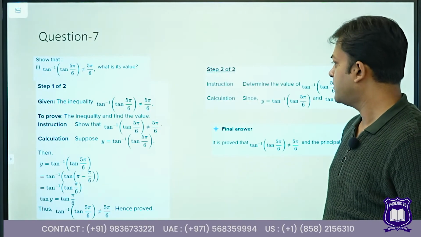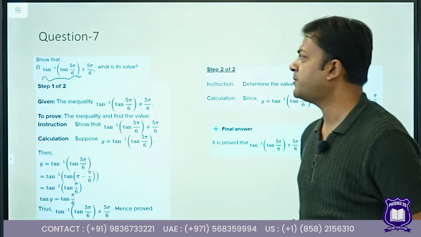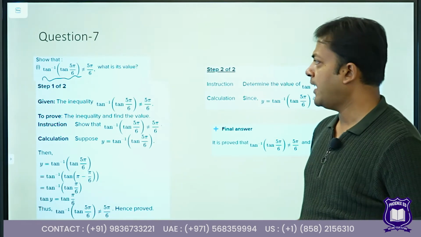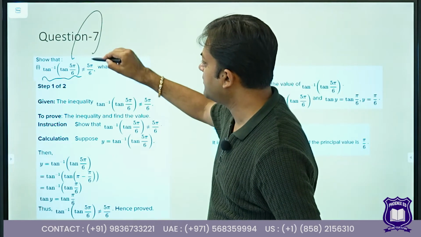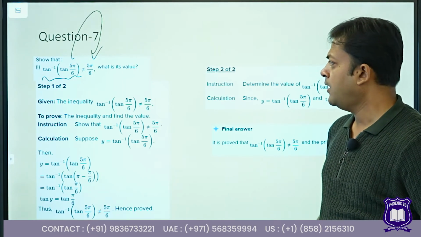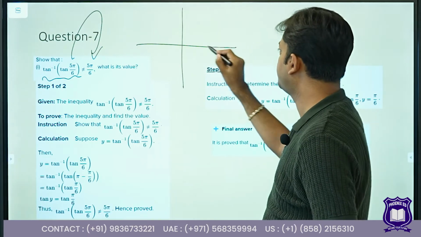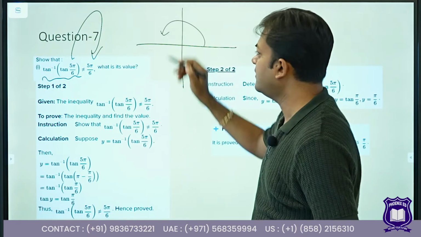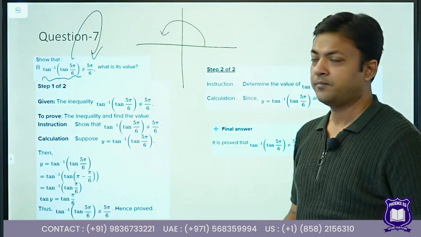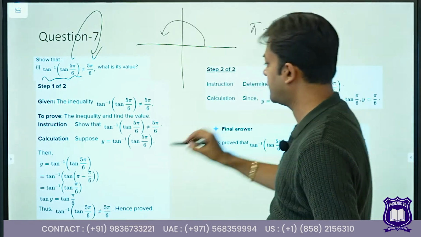In this case, the next question is to simplify tan inverse of tan 5 pi by 6. And we need to check whether the value comes out to be equal to 5 pi by 6, yes or no. Now we understand that this angle 5 pi by 6 lies in the second quadrant. It can also be written as pi minus pi by 6.